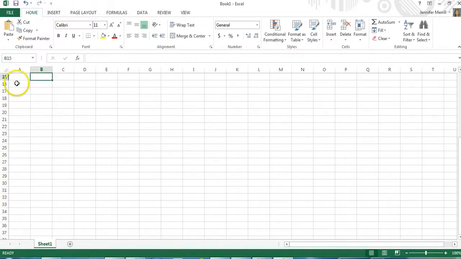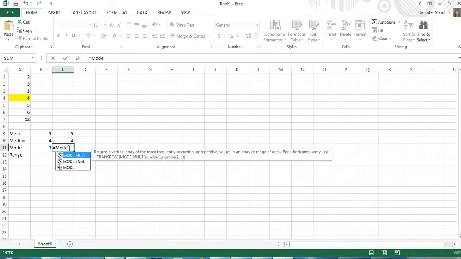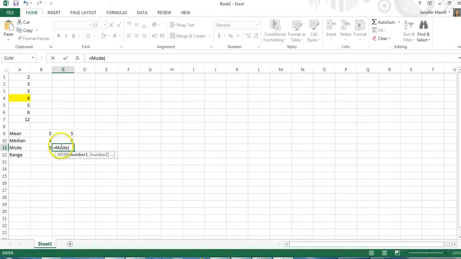If I wanted to use that formula, I could type in equals mode and close my parentheses. I'm going to highlight my data, close the parentheses and hit enter, and my mode is 3.